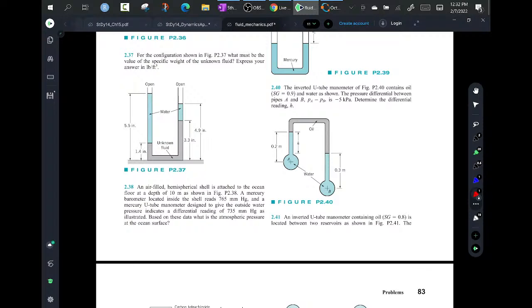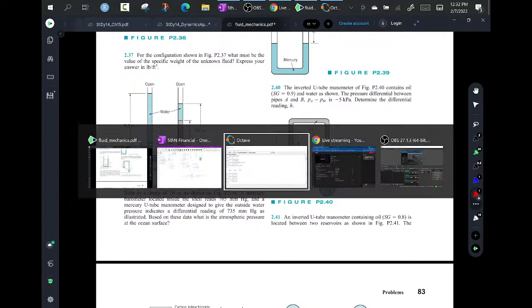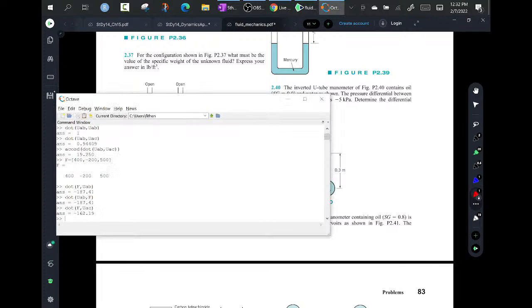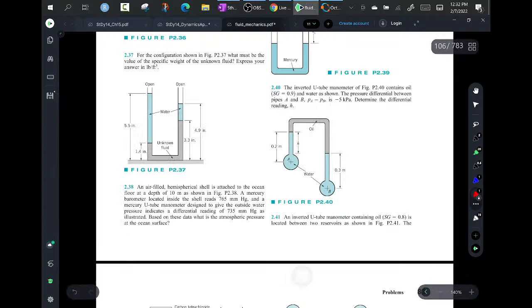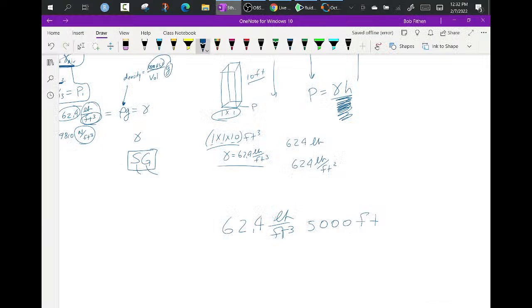So 5,000 times 62.4 is 312,000 pounds per square foot.